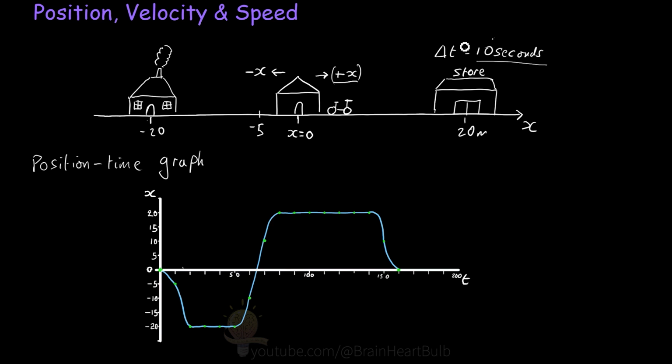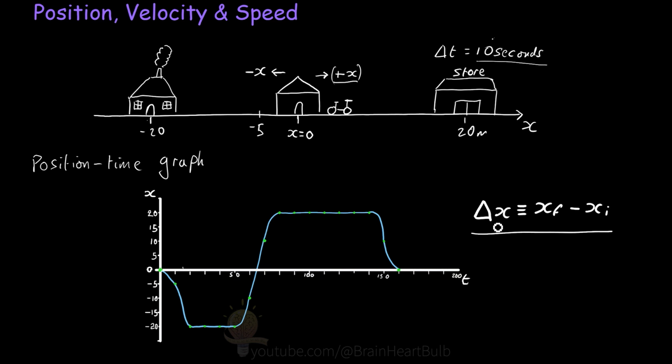So we know what our time interval is, which is 10 seconds. The displacement is represented by a delta x, which is equal to our final position of our particle minus our initial position.